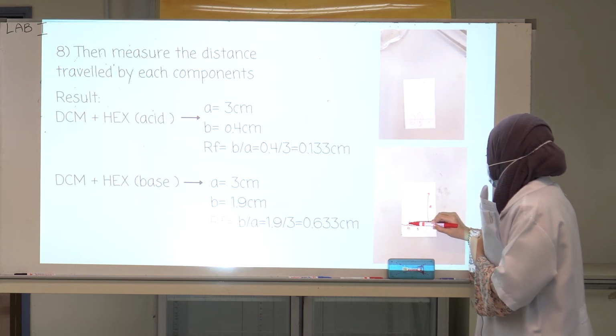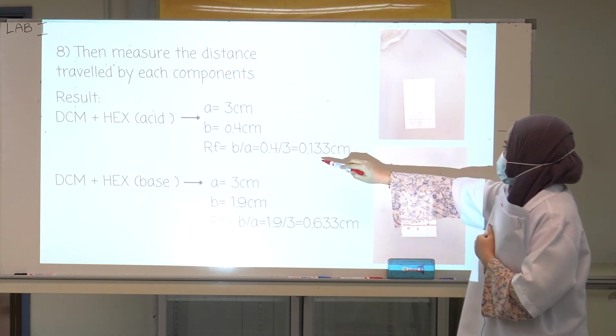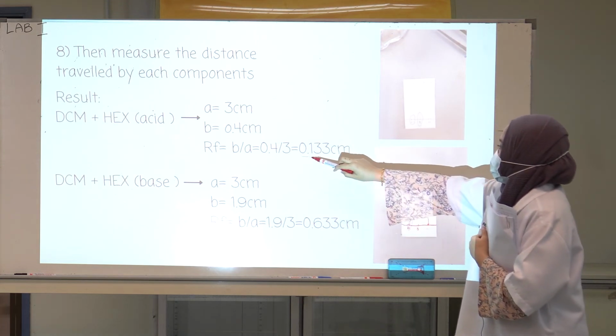So here, this is the distance for B. Then we calculate like this, and then this is what we get.